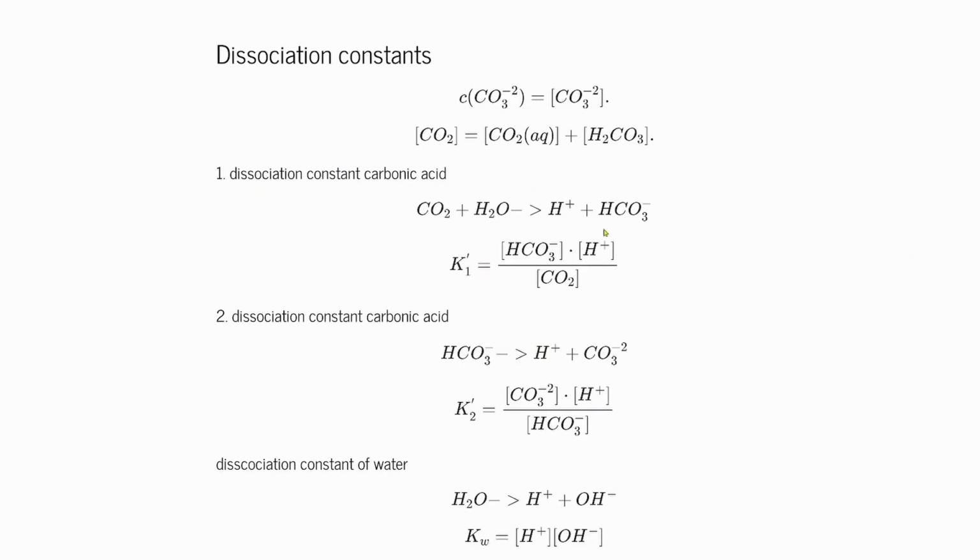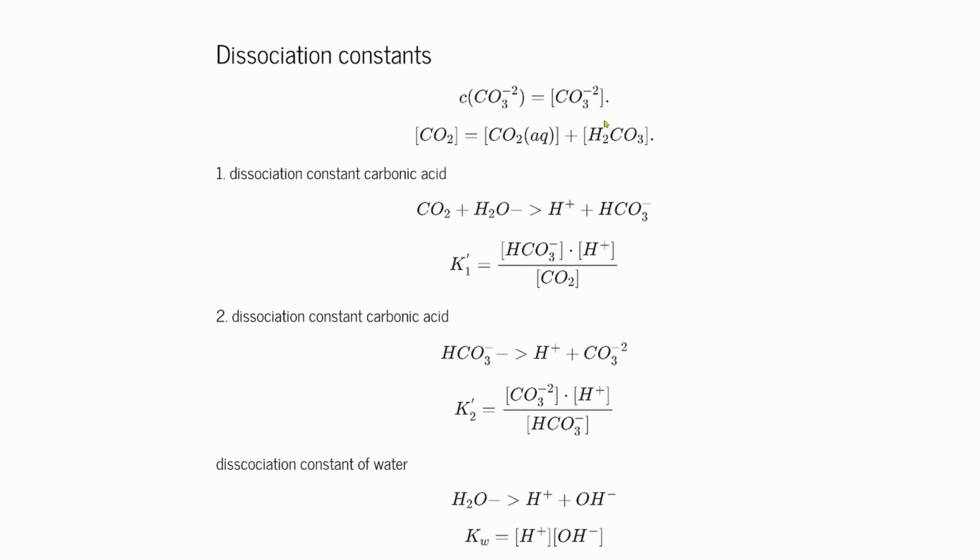First of all, to describe the system, I'm going to use an often used simplification, so I don't want to write C for concentration all the time. We will just use square brackets, meaning that these are concentrations. The other simplification: the CO2(aq), the real dissolved CO2 that you calculate with Henry's law, and the carbonic acid are not really distinguishable.